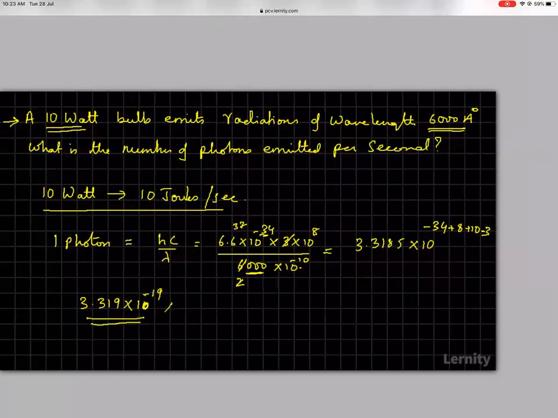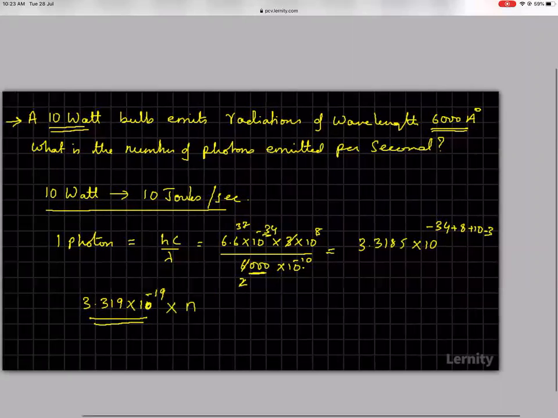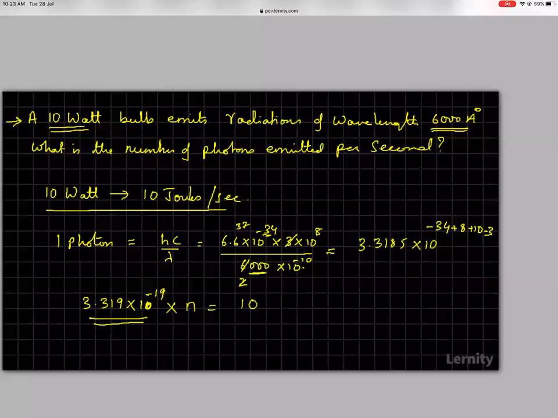Suppose n photons are being released per second. So this is equal to how much? This is equal to 10. So from here I can say n is equal to 10 divided by 3.3 into 10 power minus 19.